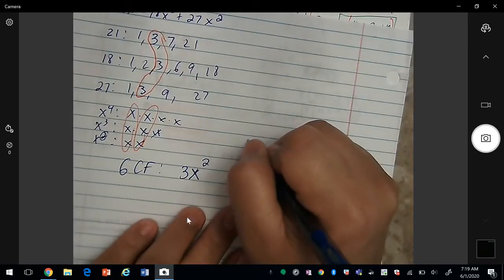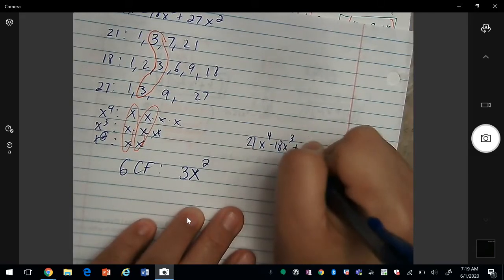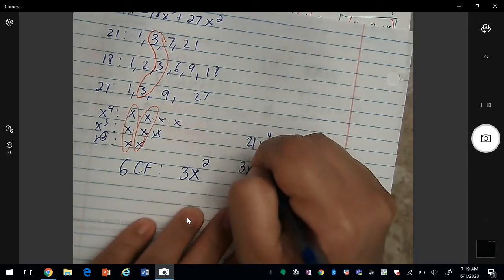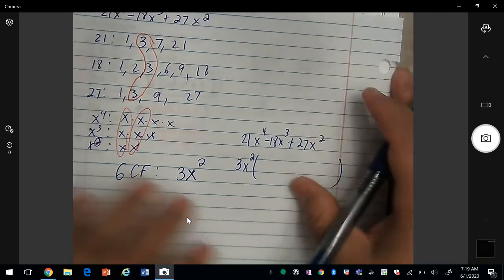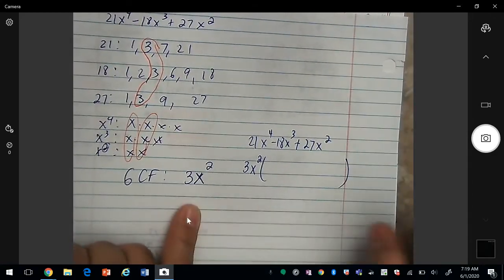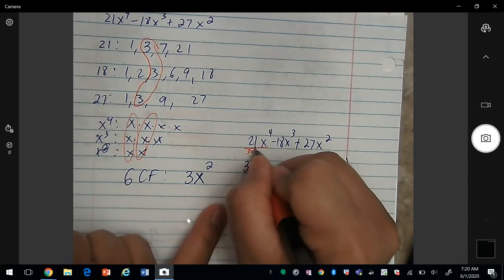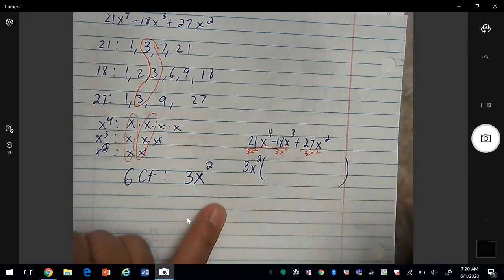So now the problem here is 21x to the fourth minus 18x cubed plus 27x squared. So we have 3x squared as our greatest common factor. So again, we're dividing everything by your greatest common factor.